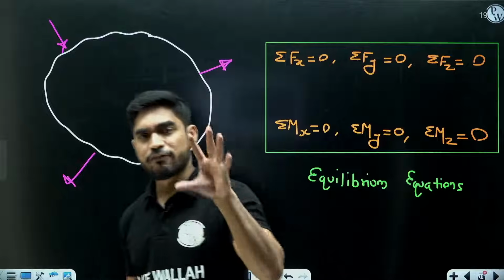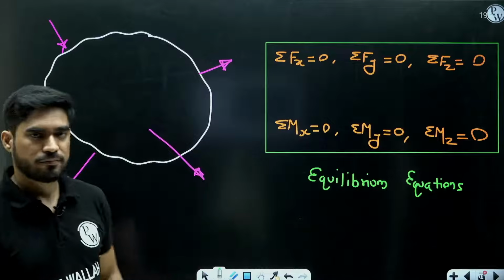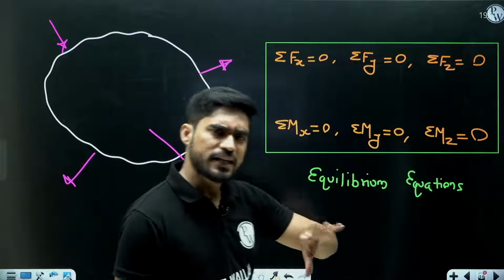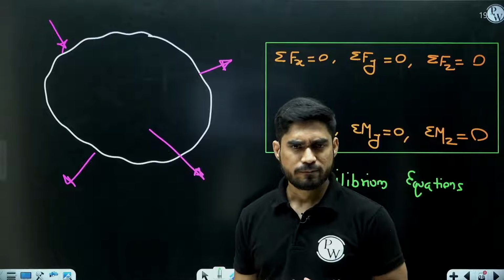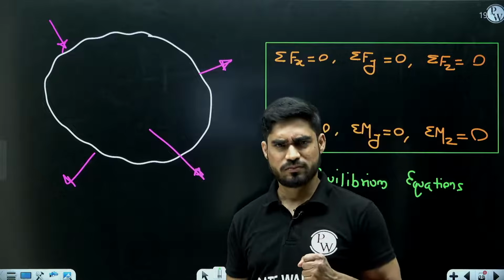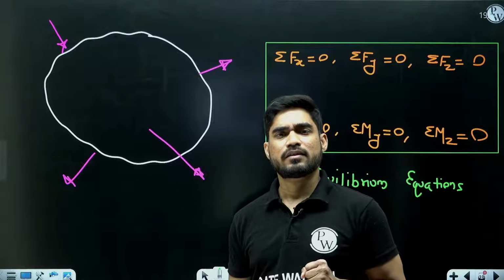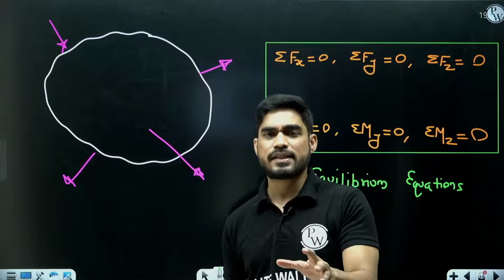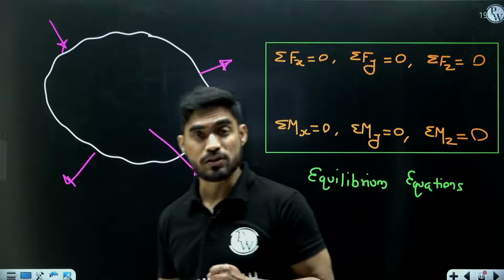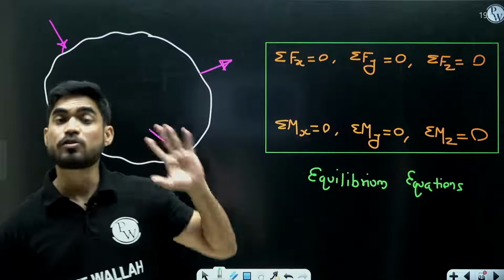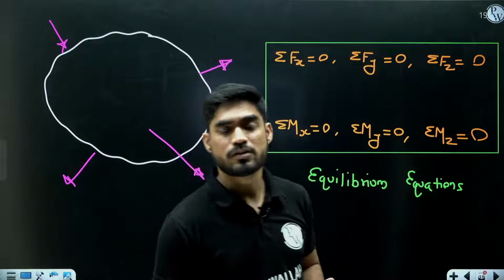When you draw the free body diagram of a body, there are some forces that are known to you, for example, the weight of the body. But there are some forces which are unknown to you, for example, reaction forces due to supports. This is an unknown force.